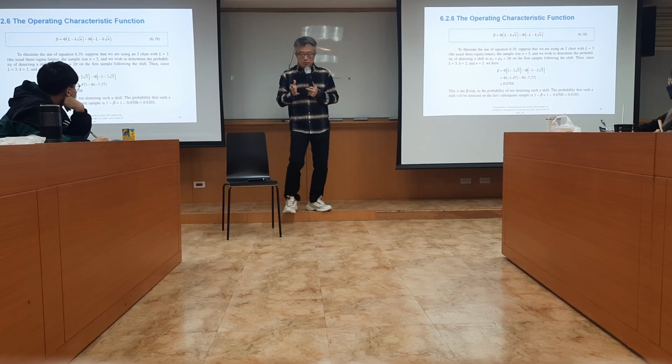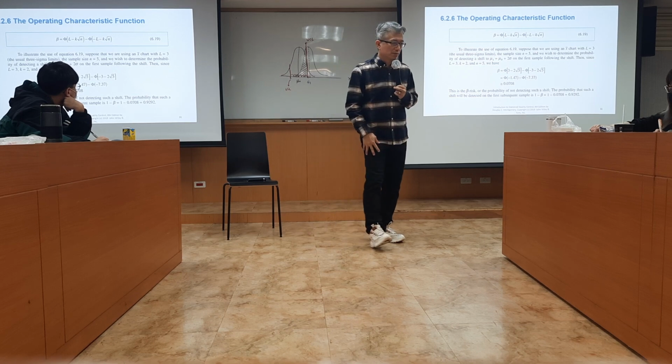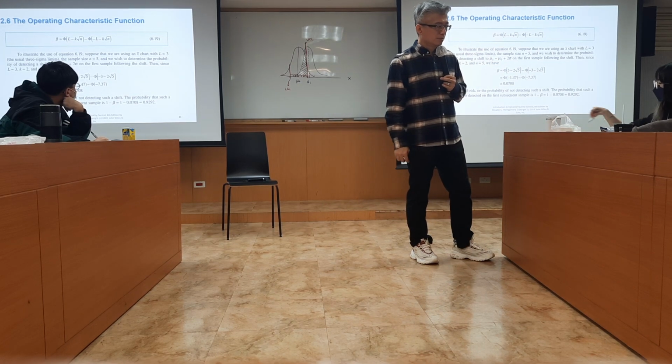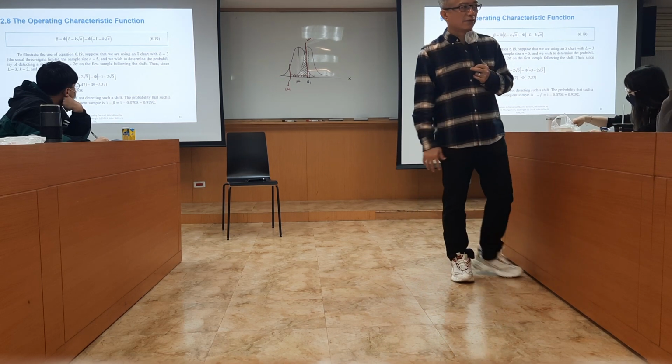So the shaded area will be the probability we commit the type 2 error. Am I correct?